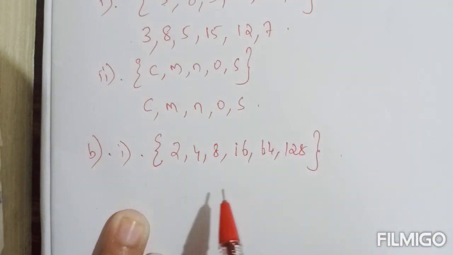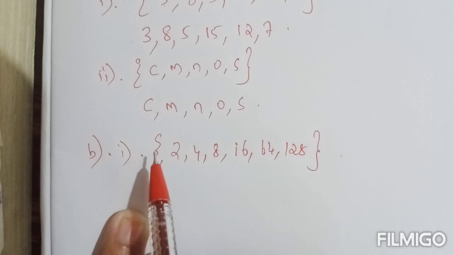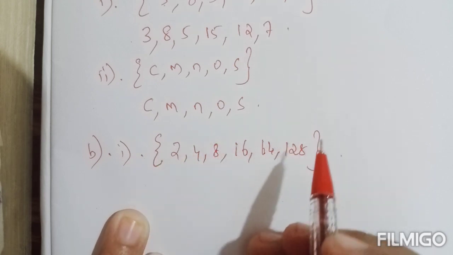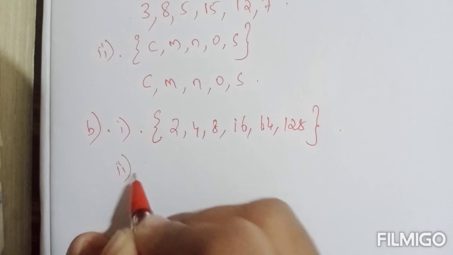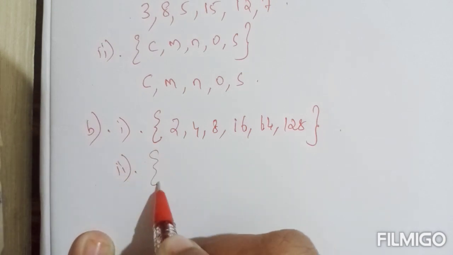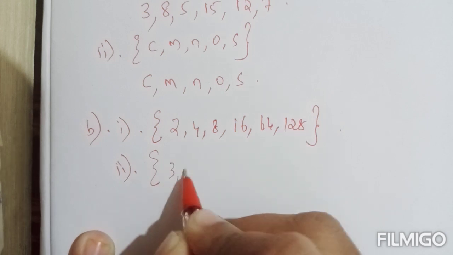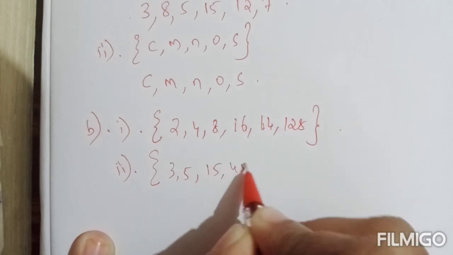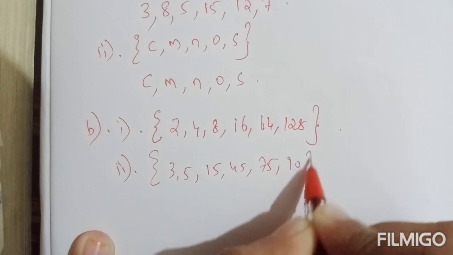So this is the set whose elements are 2, 4, 8, 16, 64 and 128. In that second one, 3, 5, 15, 45, 75, 90. So you can write in curly braces 3, 5, 15, 45, 75, 90.